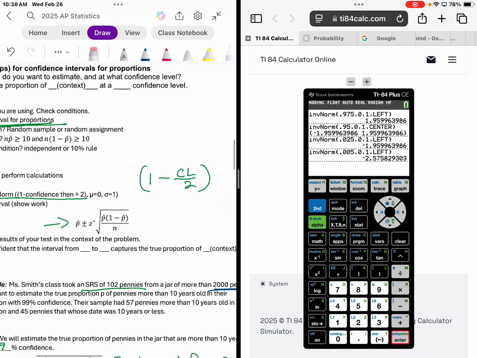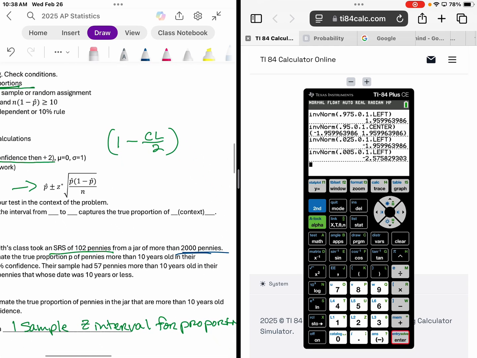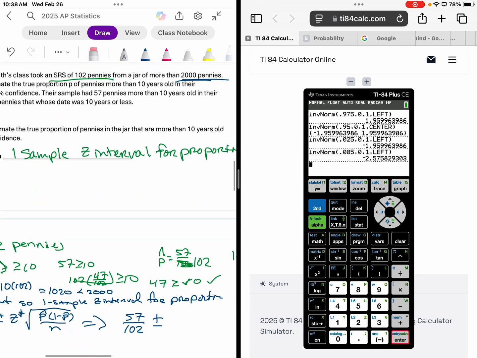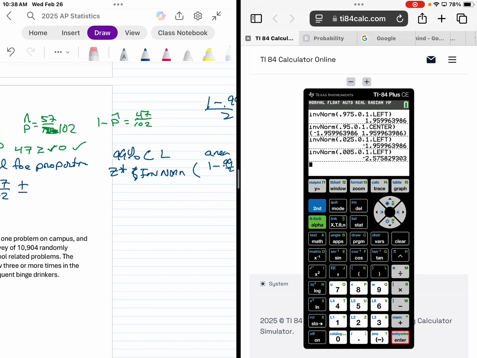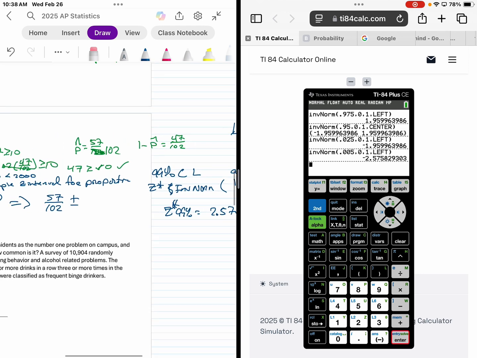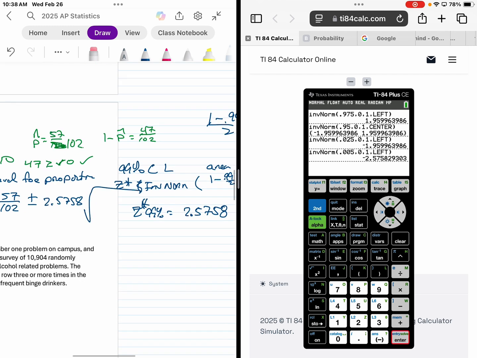Again, I like going out to 4 decimals for z star. That way I know I'm accurate. So my z star for a 99% is 2.5758. So that would be 2.5758 now times the big square root part.